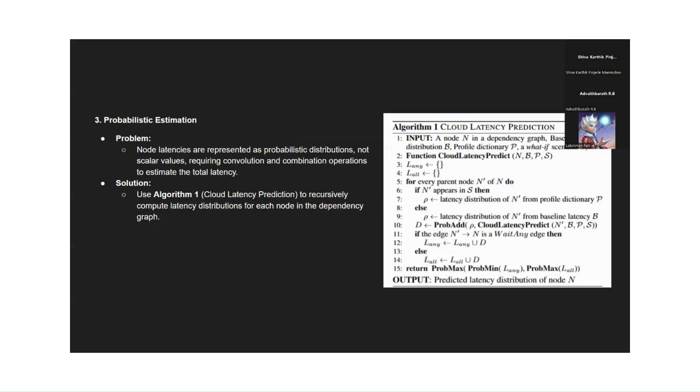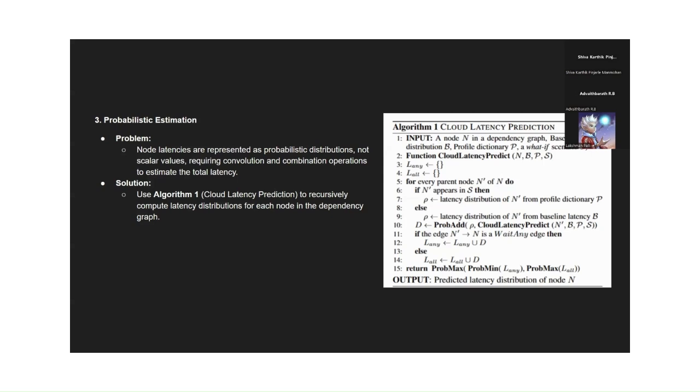And also one more thing, this slide addresses the challenges of probabilistic estimation in latency prediction. Since node latencies are represented as distributions, not fixed values, calculating total latency requires complex operations like convolutions and combining distributions.